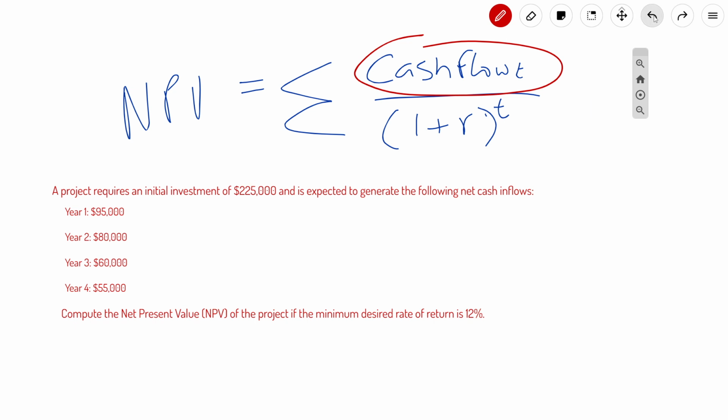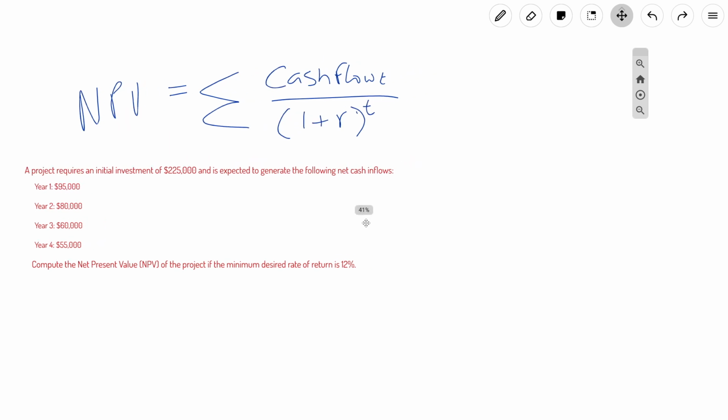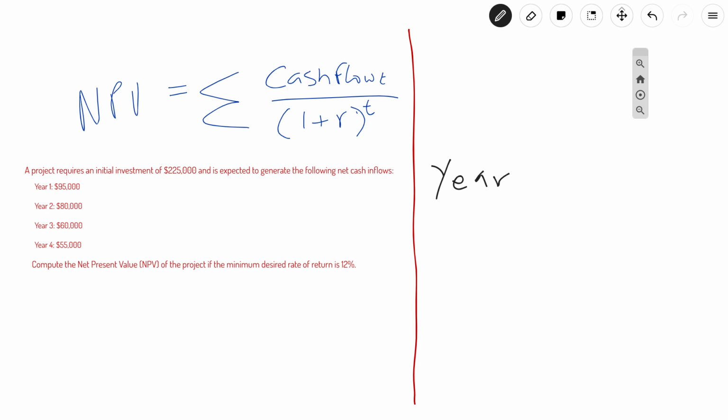All right, so let's get rolling with this. Let's start off with the very first item on the list. I'll do this on the right hand side of the screen so that you can follow along. Okay, so with this in mind, we are going to apply the awareness of the initial investment of 225,000. So that would be looked at as year 0.